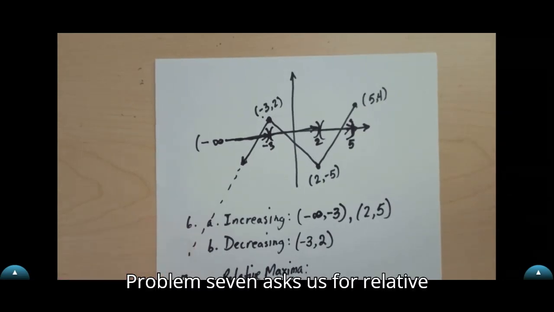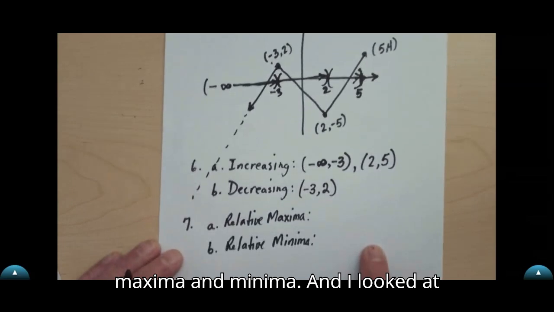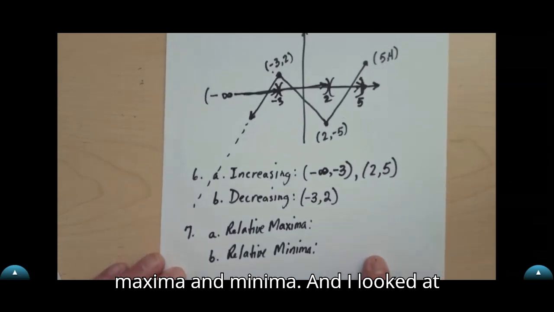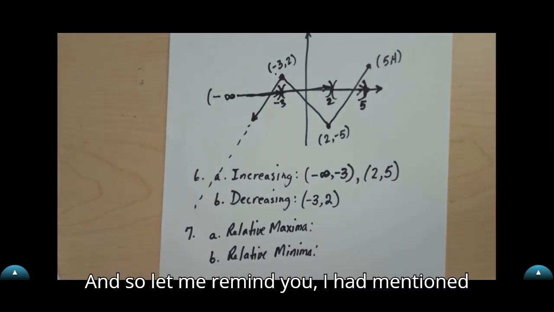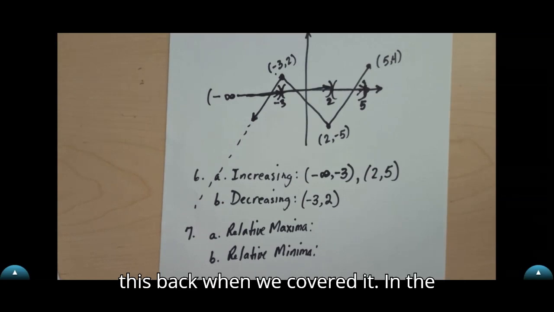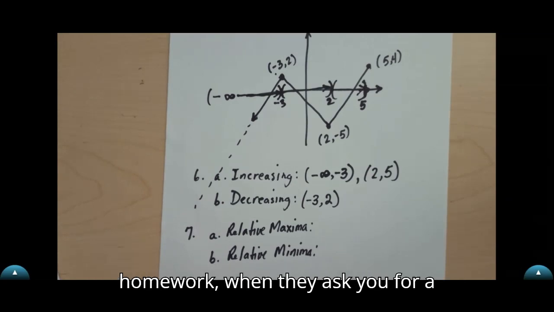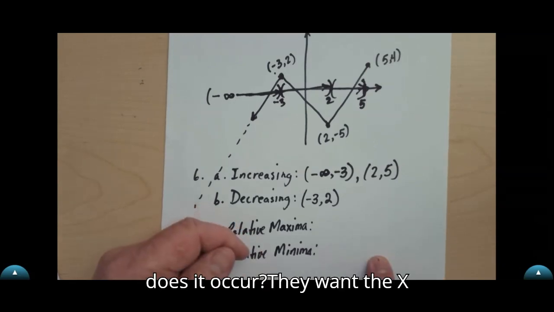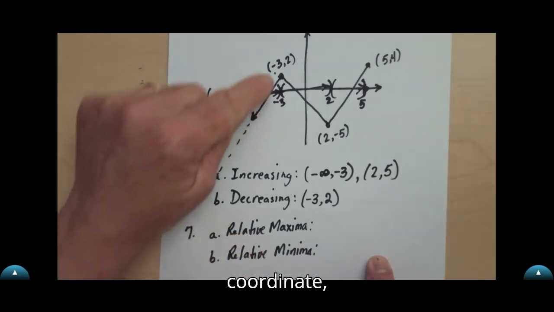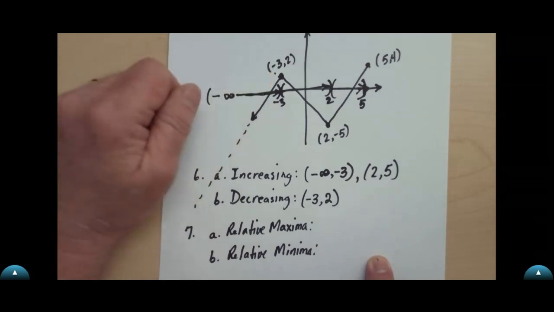Problem 7 asks us for relative maxima and minima. And I looked at one of the homework problems over the break from section 2.2 with a student. And so let me remind you, I had mentioned this back when we covered it. In the homework, when they ask you for a relative maximum, they ask you where does it occur. They want the x coordinate, right?